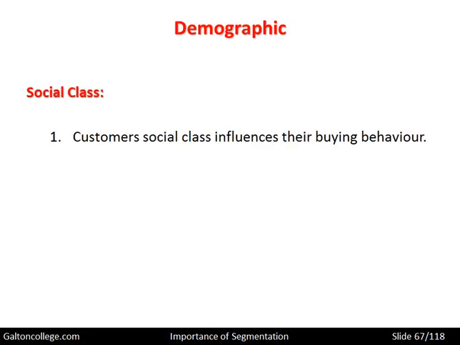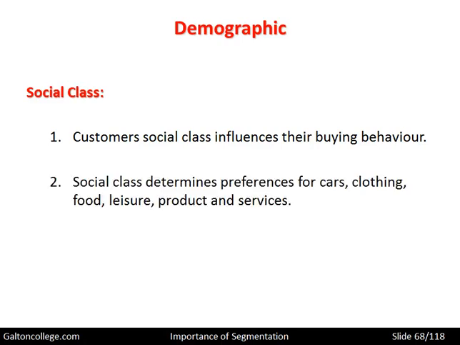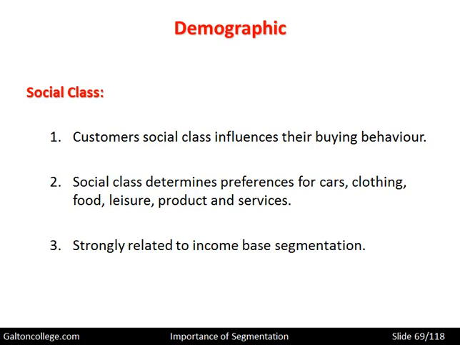Now the social class. Well, customers in different social classes influence their buying behaviour. Social classes determine preferences for cars, clothing, food, leisure, products and services. It's strongly related to income, the income-based segmentation. But social class will determine the type of products that people buy.